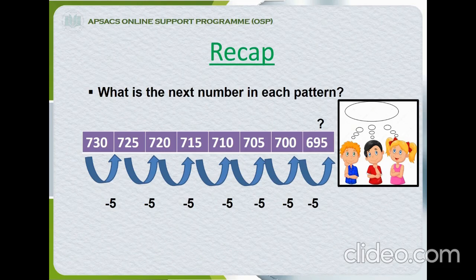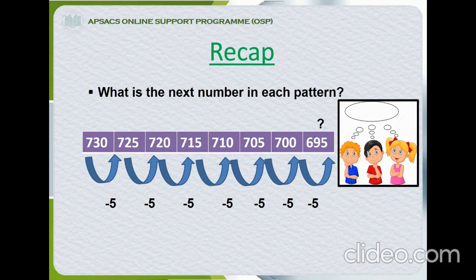If we subtract 5 from 730, we get 725. When we subtract 5 from 725, we get 720. Then after subtracting 5 from 720, we get 715. When we subtract 5 from 715, we get 710.